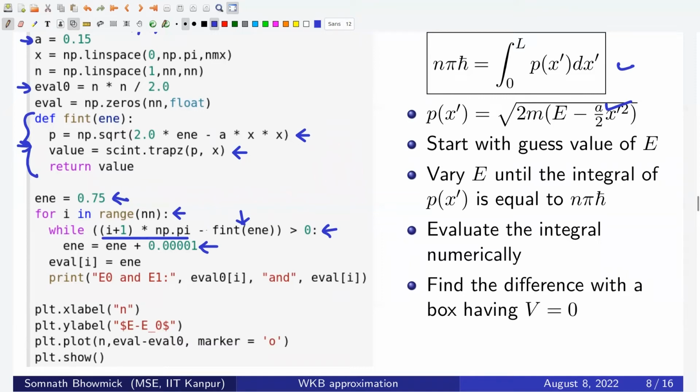We keep doing this as long as the quantization condition is not satisfied. Once the quantization condition is satisfied, the while loop stops and we get the energy eigenvalue.